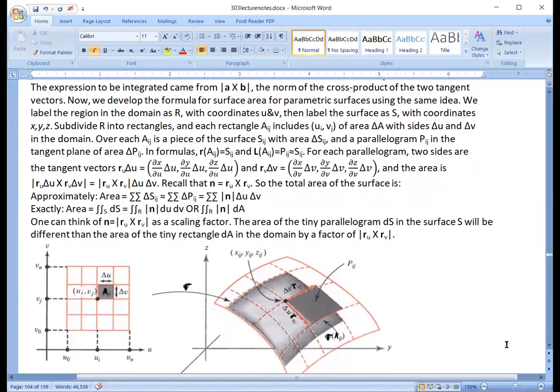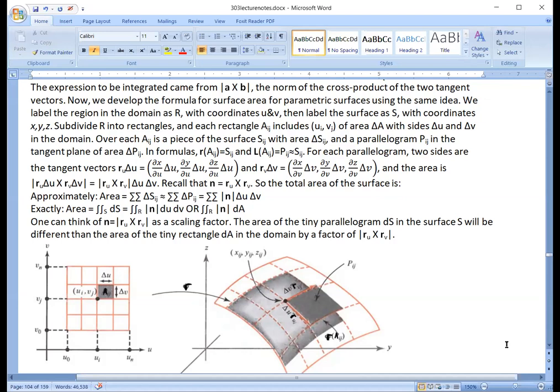So, the parametric surface. What do we have? First of all, remember that on the left side we've got our region in the domain, which is in UV coordinates. Imagine that we take some little rectangle of that, and that little rectangle is going to have a width delta u and a length delta v, at some specific coordinate that we're going to call u_i and v_j.